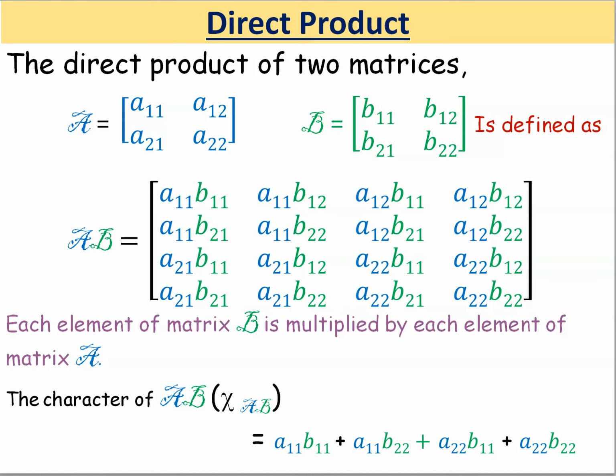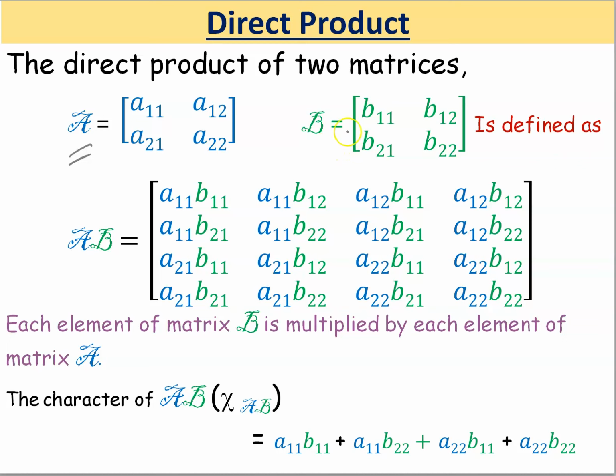In the direct product, each element of one matrix is multiplied with each element of the other matrix. For example, consider a matrix A. It has the elements A11, A12, A21, A22, a 2 into 2 matrix.